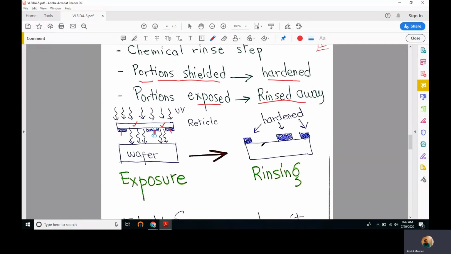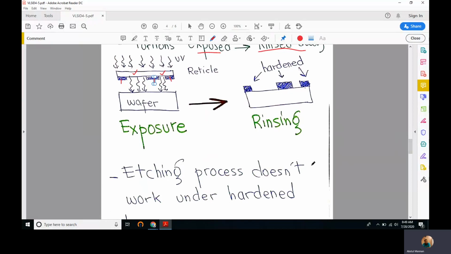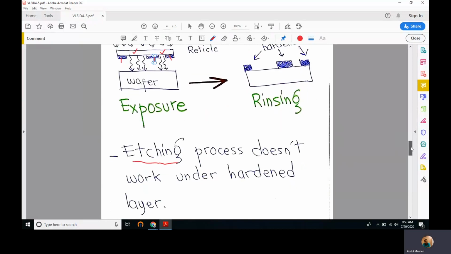The portions under the opaque portion are hardened, but the portions under the transparent portion, which have been exposed to UV light, are softened and can be rinsed away using a different chemical.